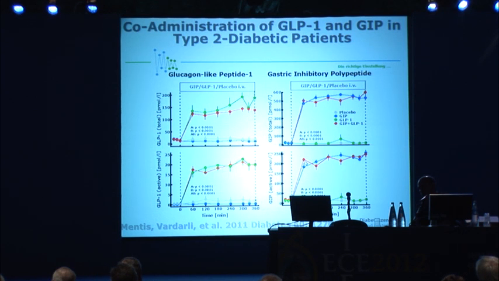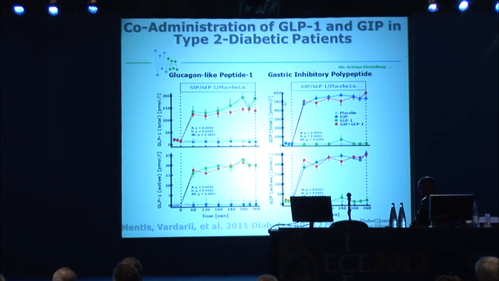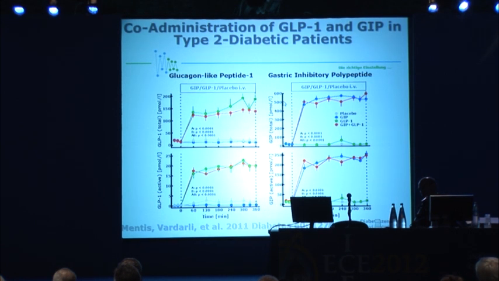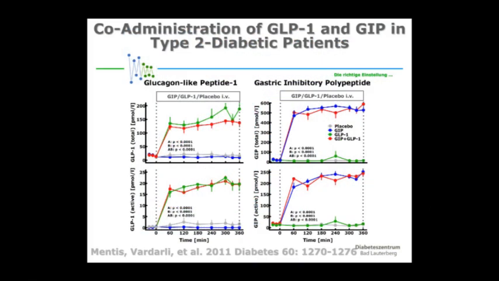And in the case of GIP, the intact level is 200 out of these 500. So it's 40%, which tells you that DPP-4 attacks GLP-1 much more avidly than GIP. So GIP is more resistant to DPP-4 activity, and you can read that from these figures here.